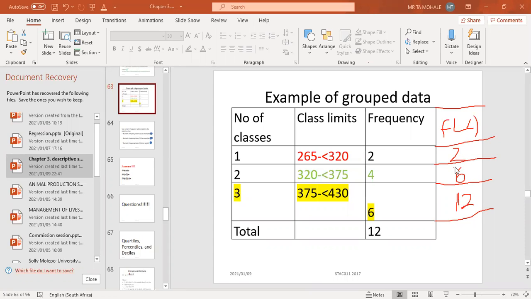So in the cumulative frequency of 2, you find the value starting from 2 going down. In this cumulative frequency of 6, you find the value starting from 6 going down, but excluding 2. In this one, 12, you find the value starting from 12 going down, excluding 6. Just like that.